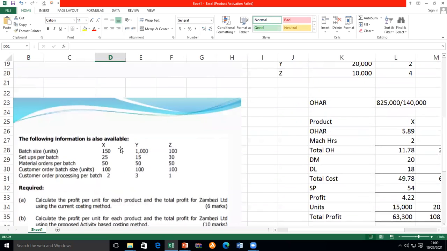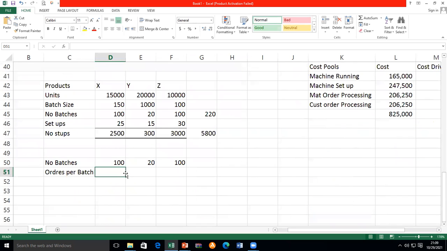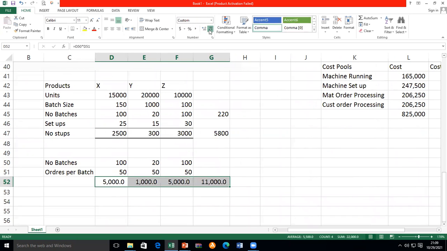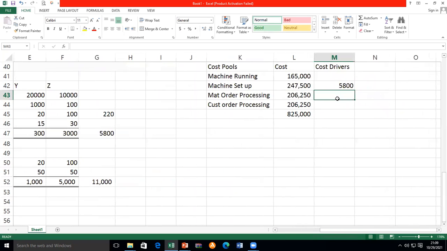Where are the orders per batch? They are here, people. 50, 50, 50. So it's 50 throughout. Then you can find the total that you're looking for. It's 11,000. So this is the number of orders, and that's what you put here.